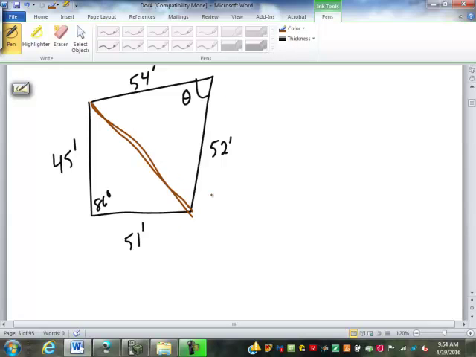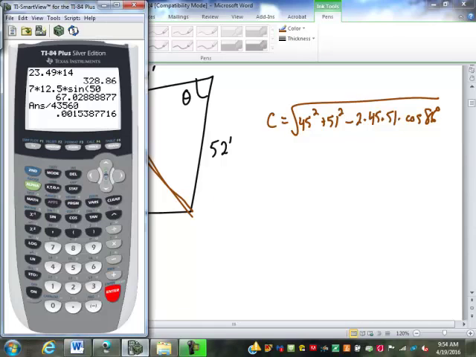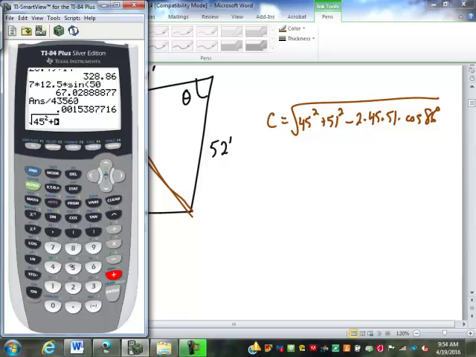Then we'll figure out the length of that line using, if I call that C, C is equal to the square root of 45 squared plus 51 squared minus 2 times 45 times 51 times the cosine of 86 degrees. So it's 65.62 feet.